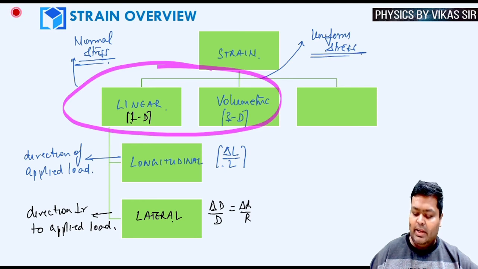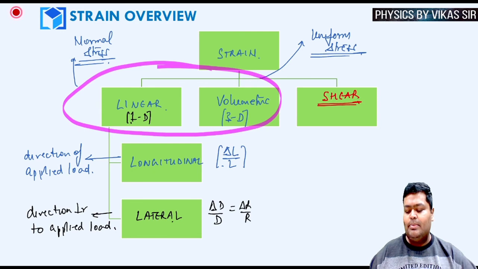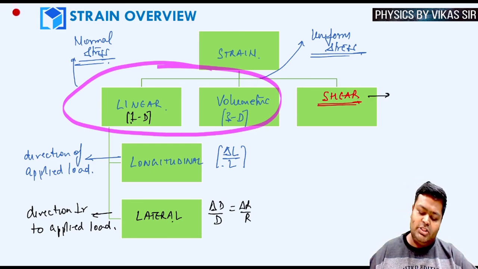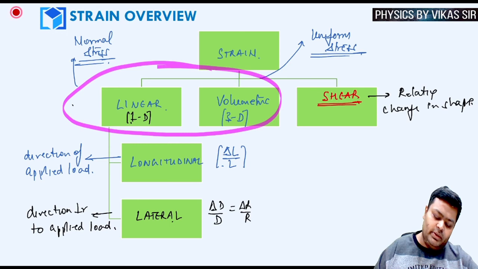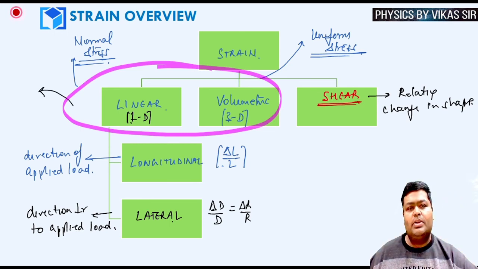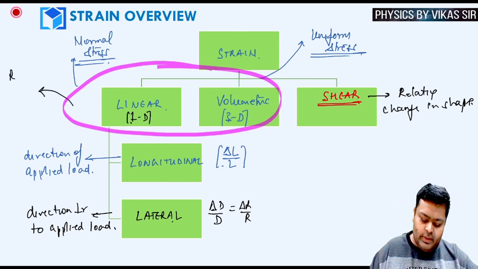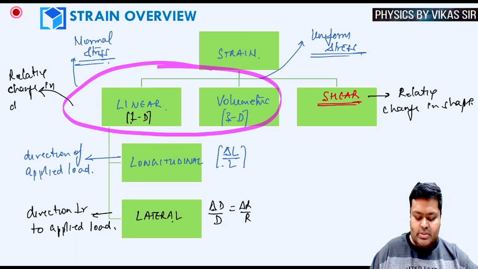Great. And the final kind of the strain which we talk about is known as a shear strain. And the shear strain is typical because it causes a change in the shape. So that's a relative change in shape, while when we are talking about the linear and the volumetric strain, we are talking about the relative change in dimensions.